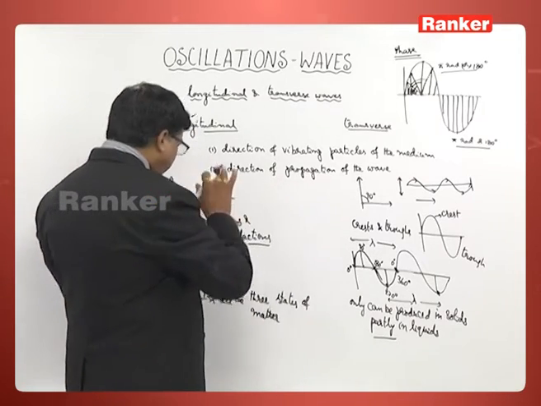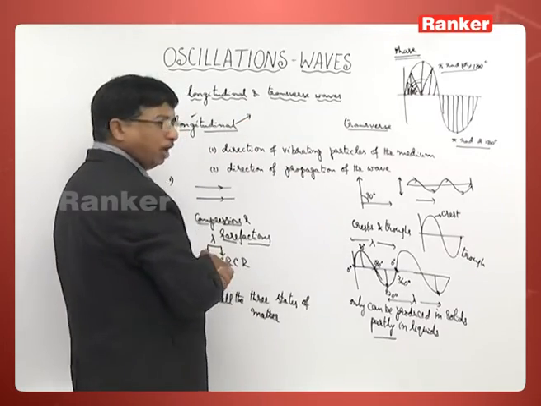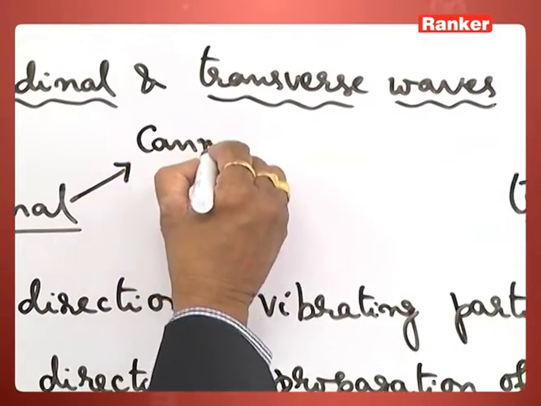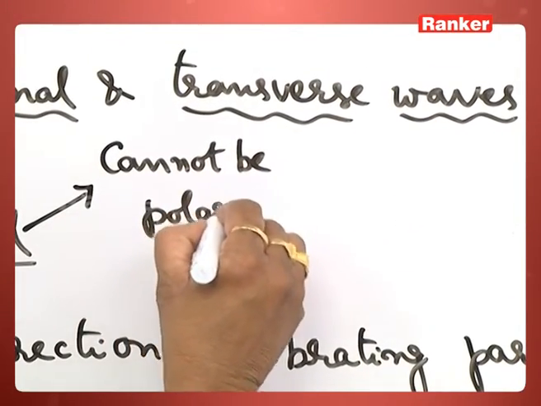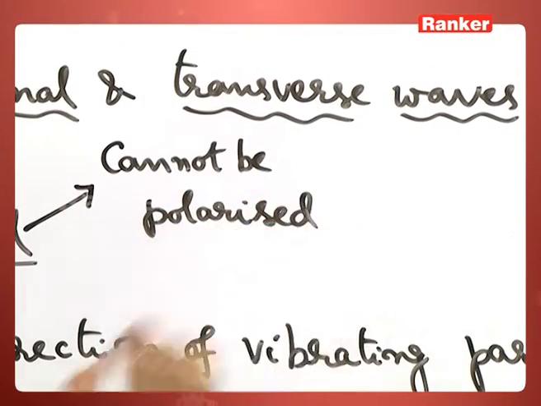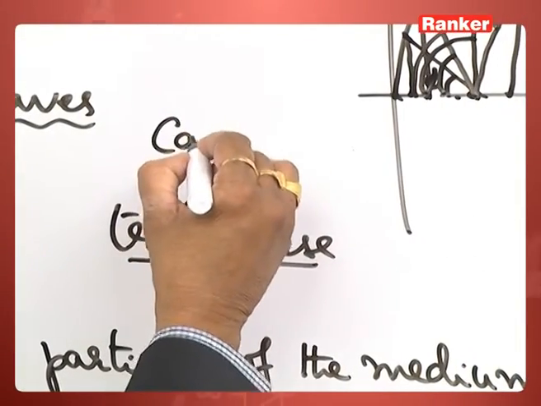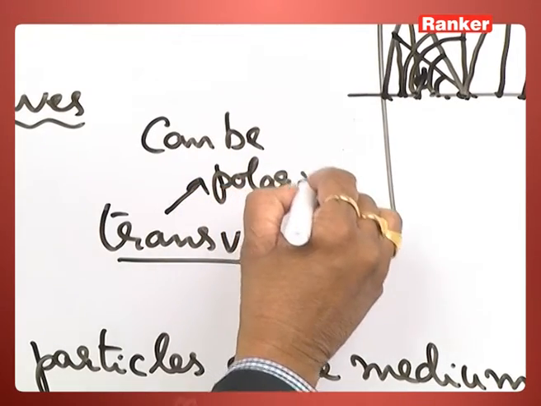Come to the last difference. This is one of the very important differences we have. Longitudinal waves cannot be polarized. This is one point we have to remember. Whereas transverse waves can be polarized. That is the concept.